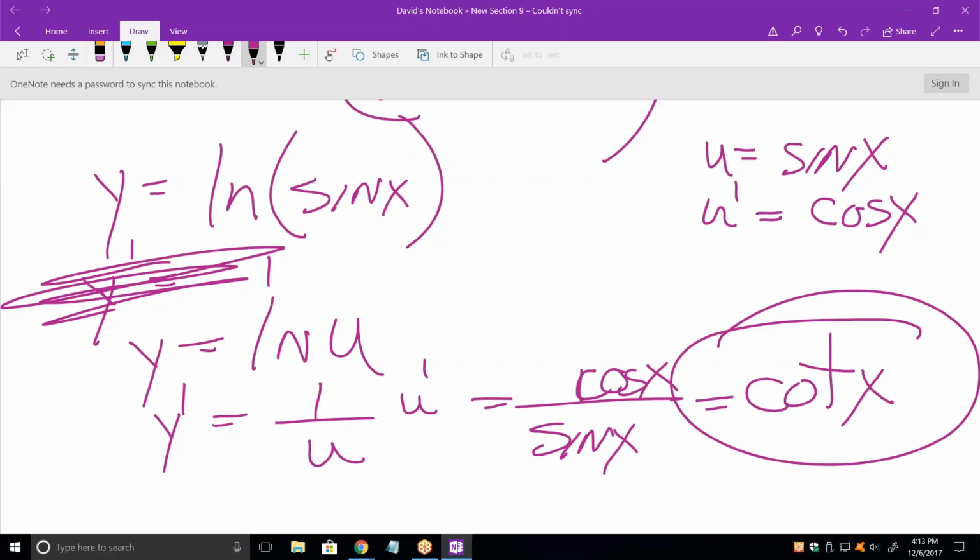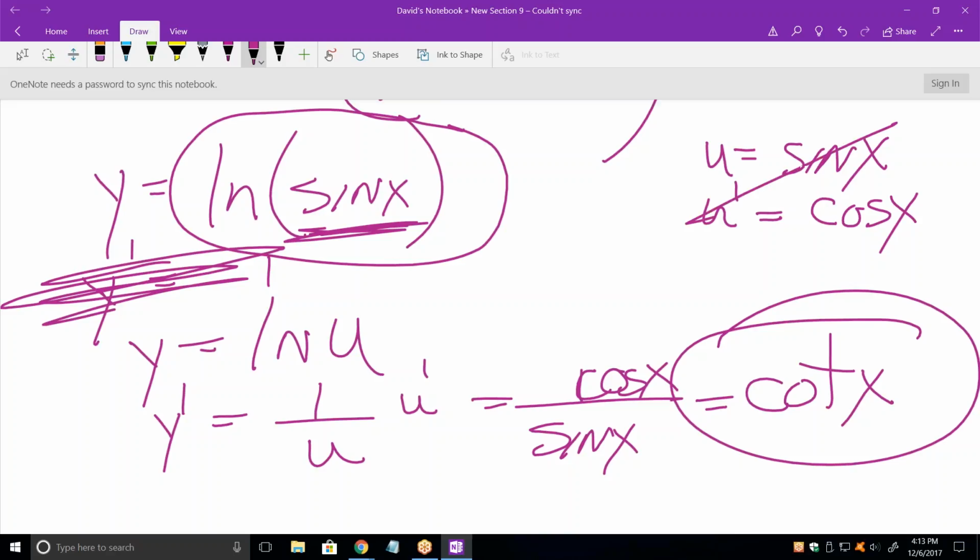The only thing we had to apply was the chain rule. Whenever you're doing the derivative of the outside, do not change the inside. In other words, 1 over sine x is the derivative of the outside. Now, it's not always necessary to write out the u step.